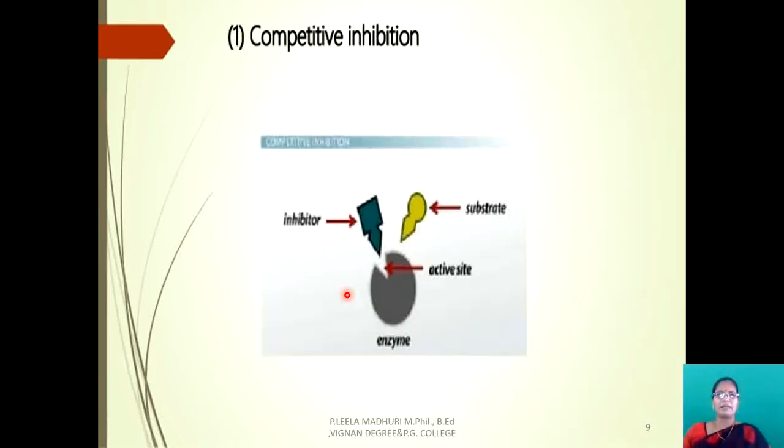So what will happen? Let us see in this diagram. This is the enzyme and this is the active site of the enzyme. In the presence of inhibitor and substrate, both will compete for the active site, and which will win will go and bind to the active site of the enzyme.